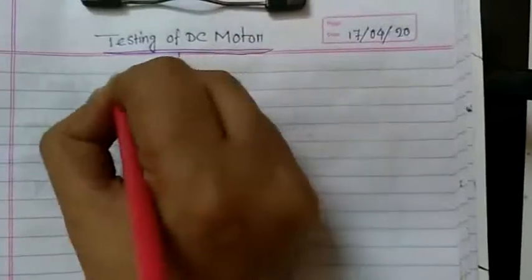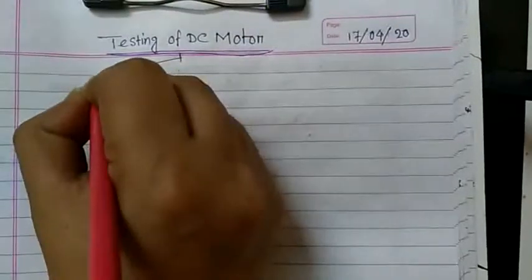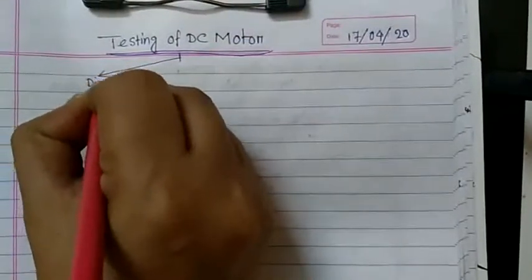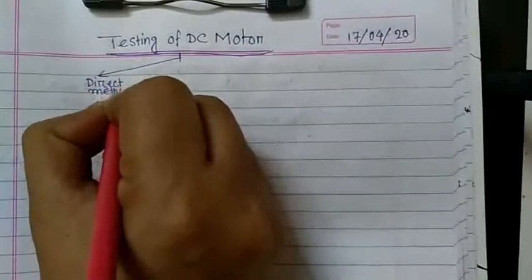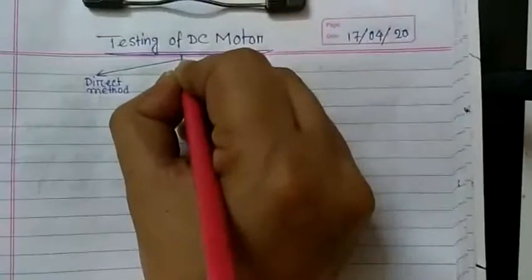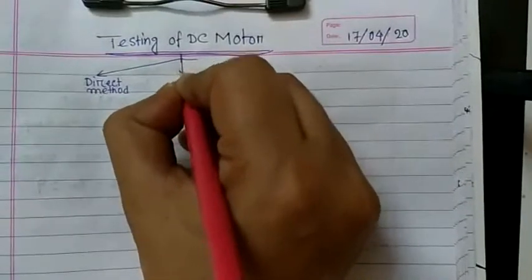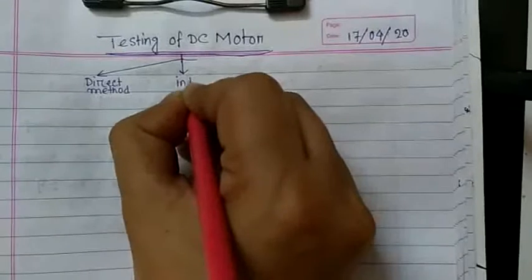Number one, direct method. Number two, indirect method.